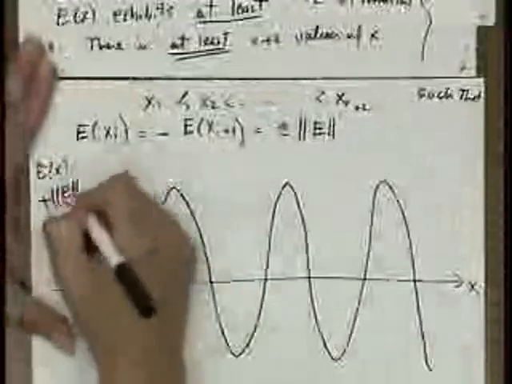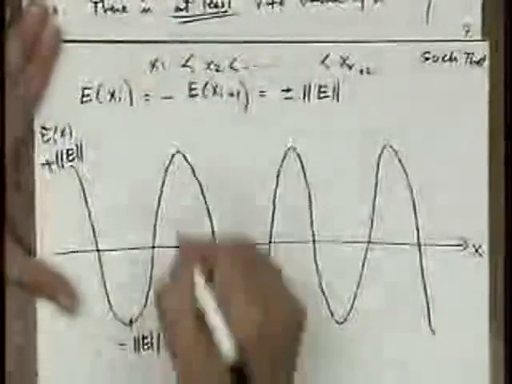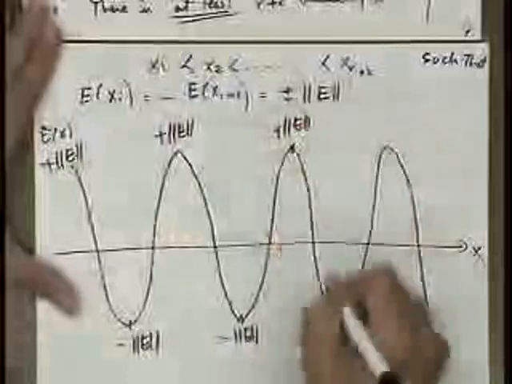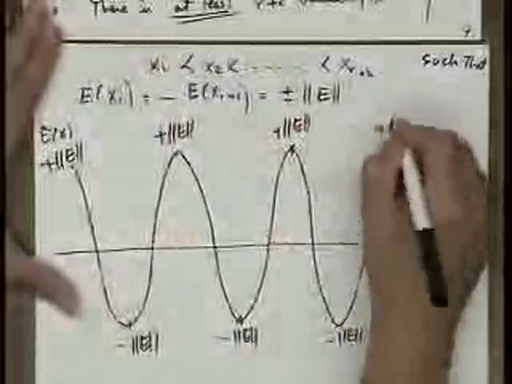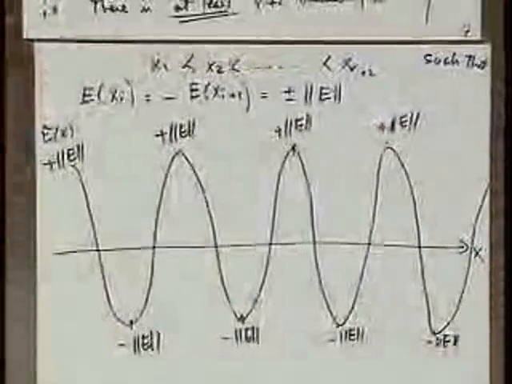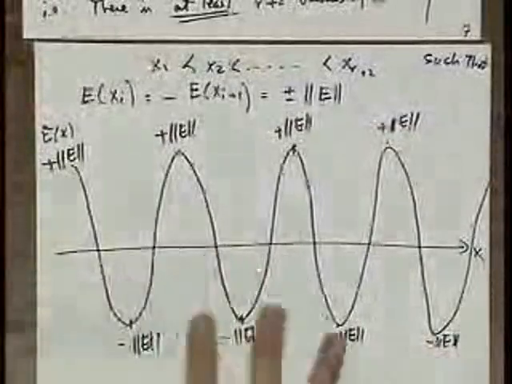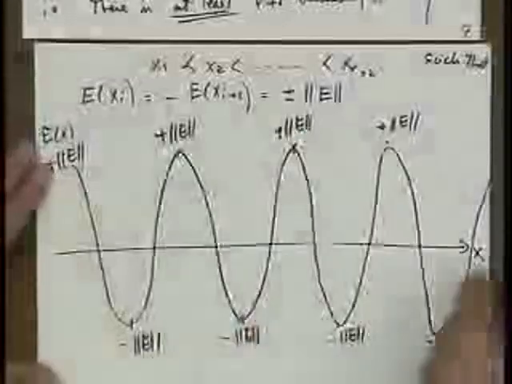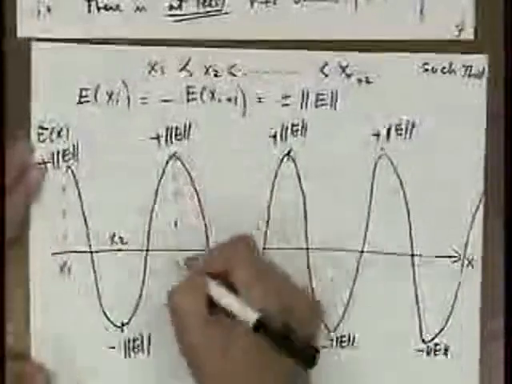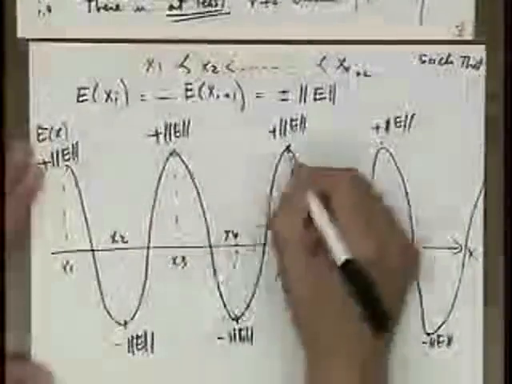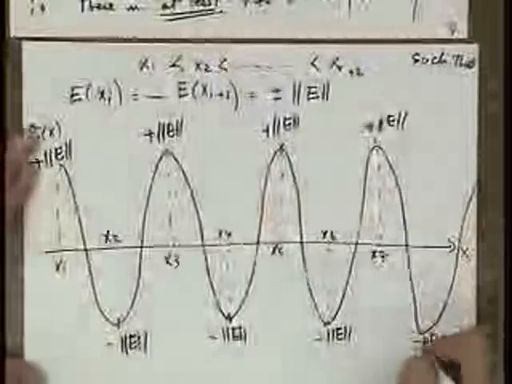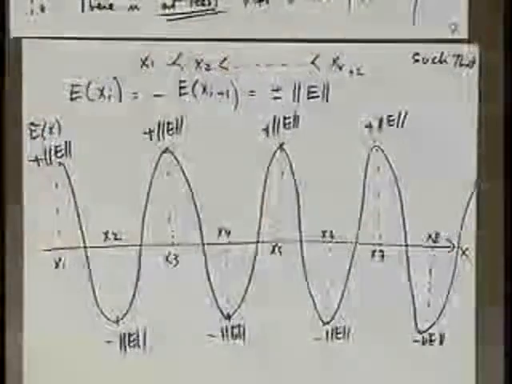That means it attains plus norm E here, then minus norm E here, then plus norm E here, minus norm E here, plus norm E here, minus norm E here, plus norm E here, and, I'm running out of space, minus norm E. So if P of X is of order R, there are at least R plus 2 of these. This one is X1, this one corresponds to X2, X3, X4, X5, X6, X7, X8, etc.